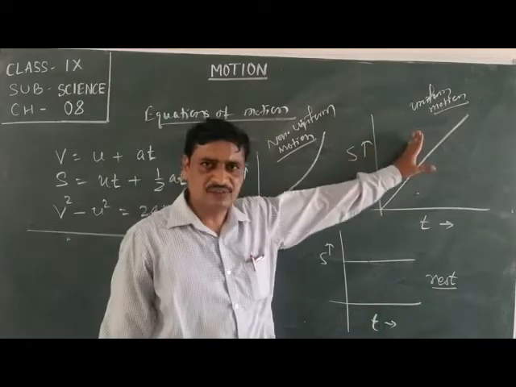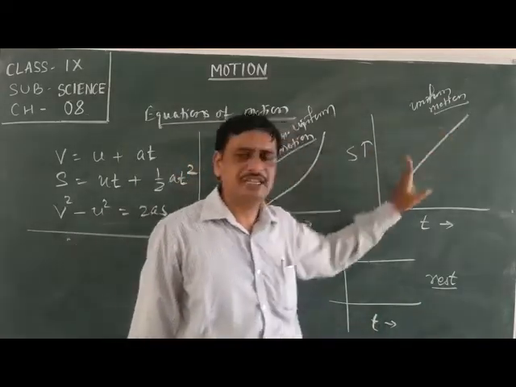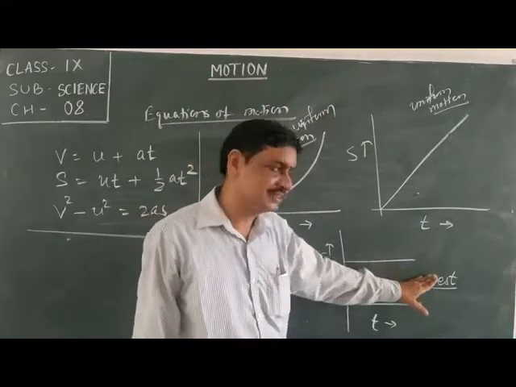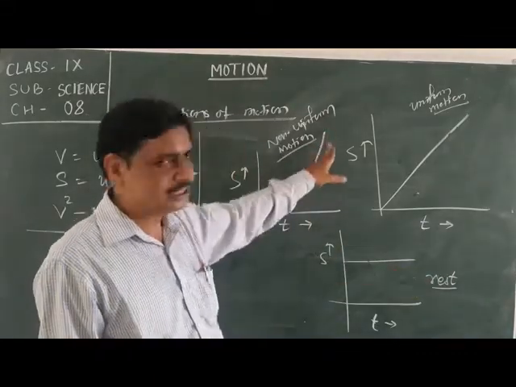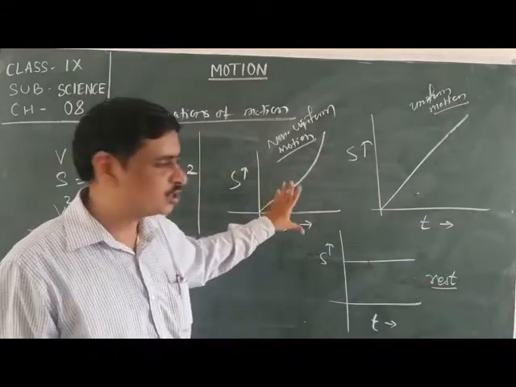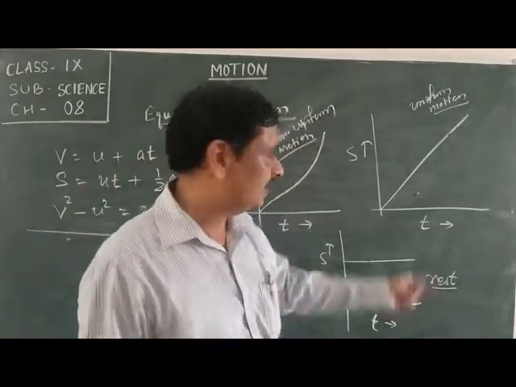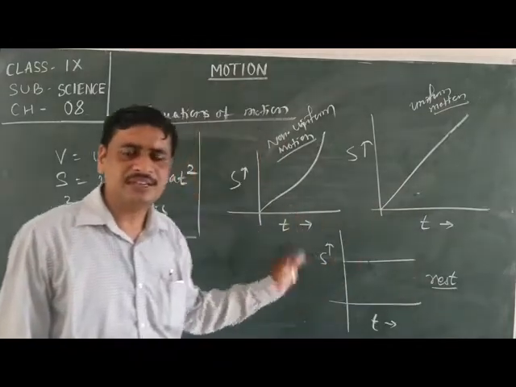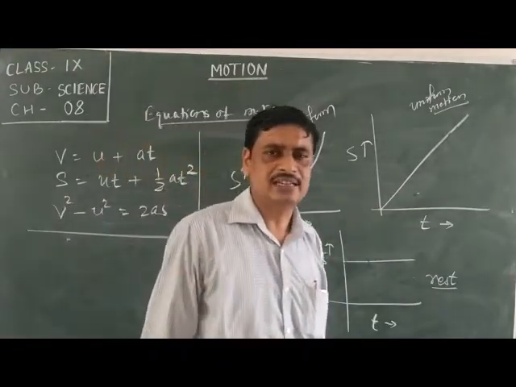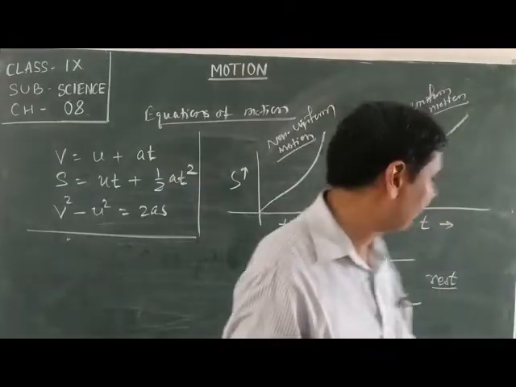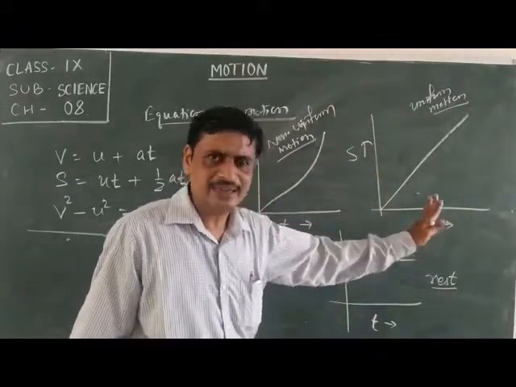Here uniform motion is represented by a straight line, rest is parallel to the time axis, and a curved line, not a straight line, shows non-uniform motion of the body. From the graph, we can understand the motion of the body in this displacement and time relation.